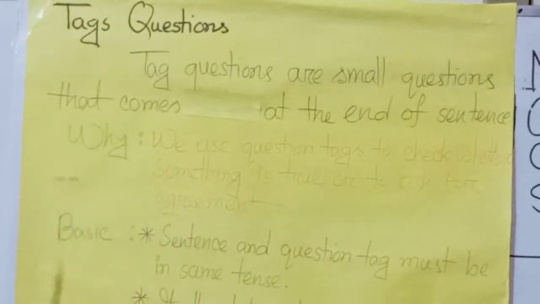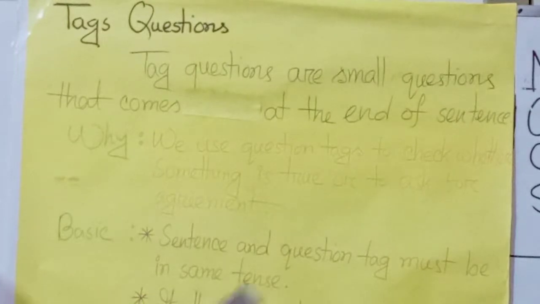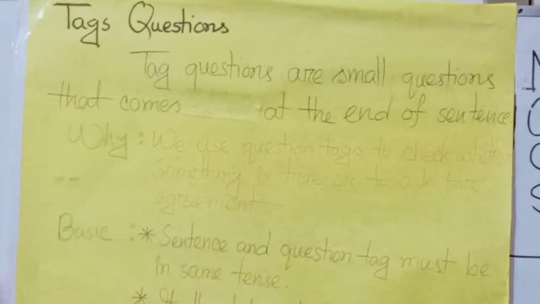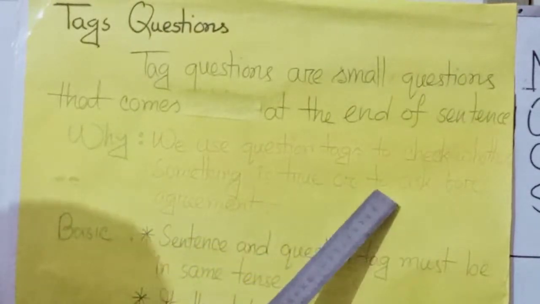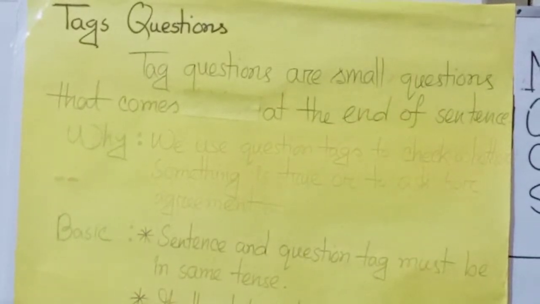Then, why do we use tag questions? We use tag questions or question tags to check whether something is true or to ask for agreement. So, we use it to get confirmation from the listeners.